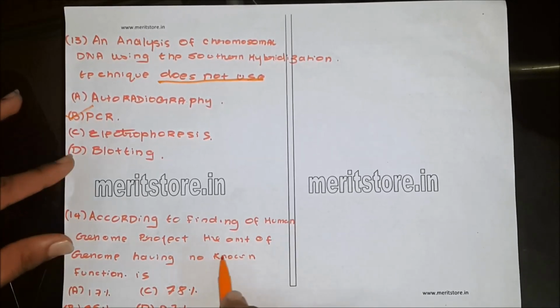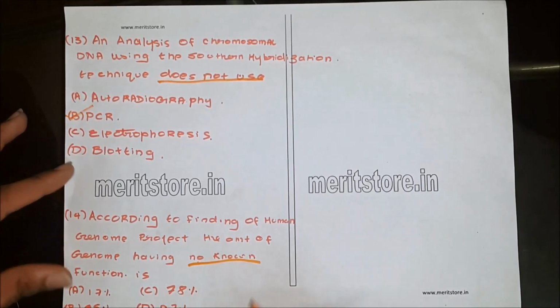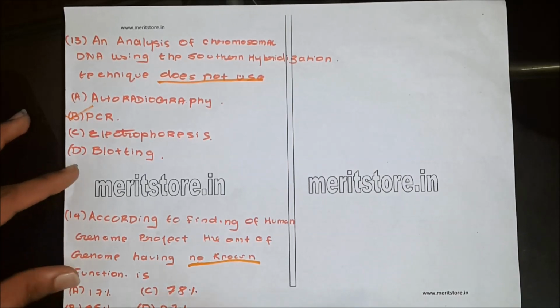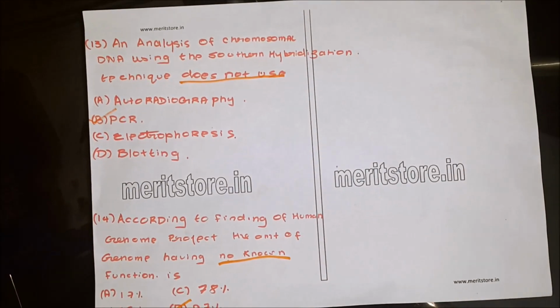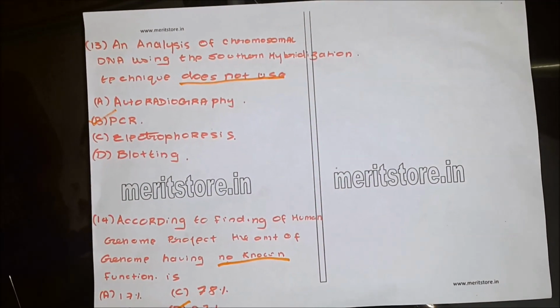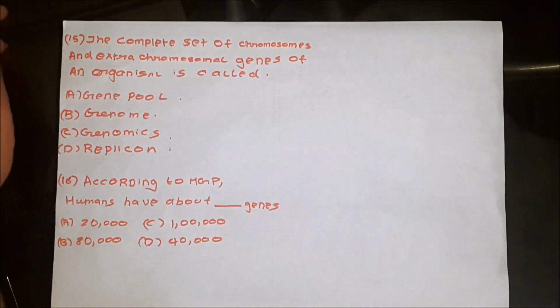The question says no known function. So as a theory question, the answer would be D, 97%. So it means that we only know the 3% and the 3% has helped us to do so many fascinating things. Isn't that amazing? Moving on to the next question.